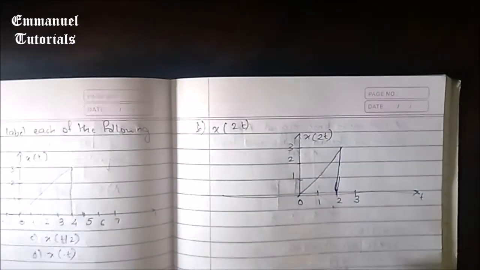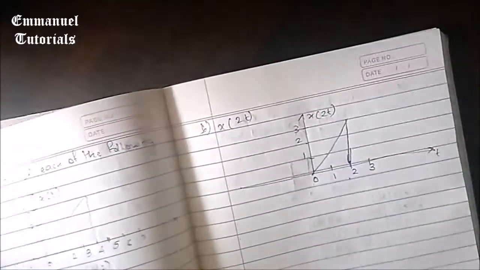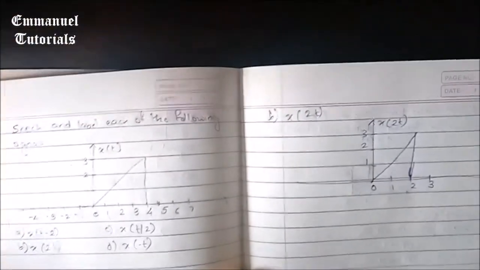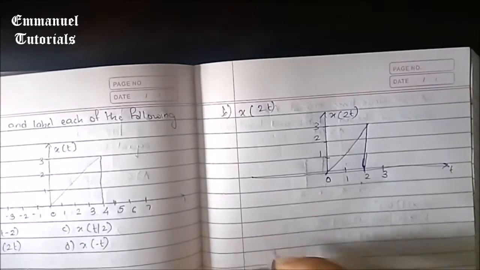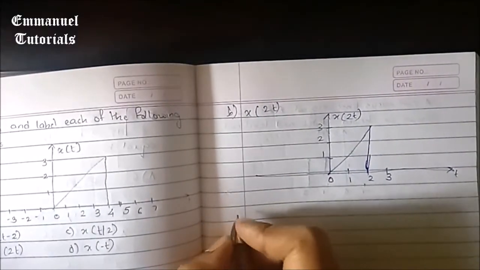Now next is x of t by 2. So now what's going to happen? Expansion. So now you can expand the number set which you have drawn or marked.